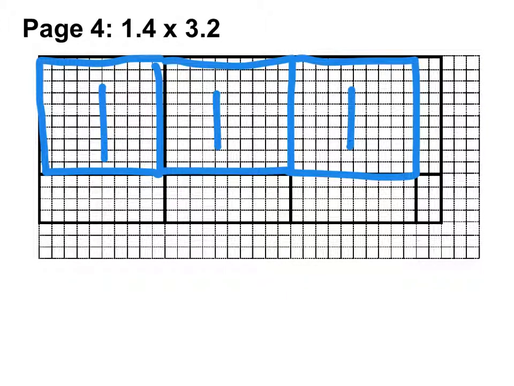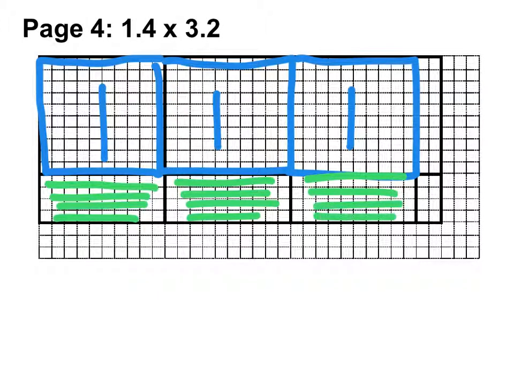One way is to think of this as 1, 2, 3, 4, 5, 6, 7, 8, 9, 10, 11, 12, 13, 14 tenths. So let's keep track of this. I have 3, and then I have 14 tenths, which you don't have to write in fraction form, but that's just how I'm going to keep track of it right now.